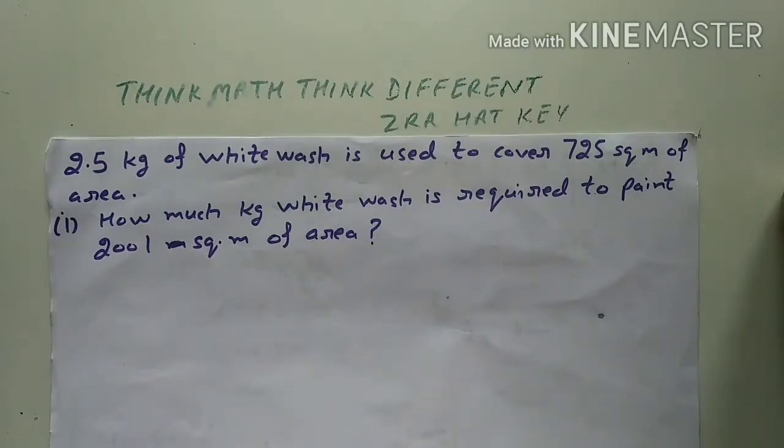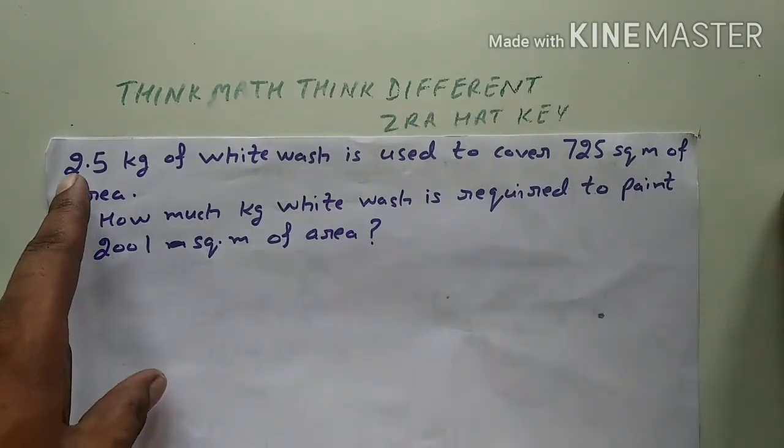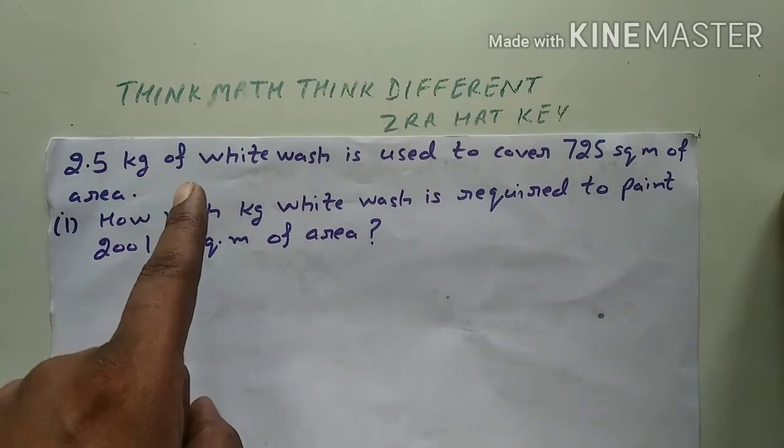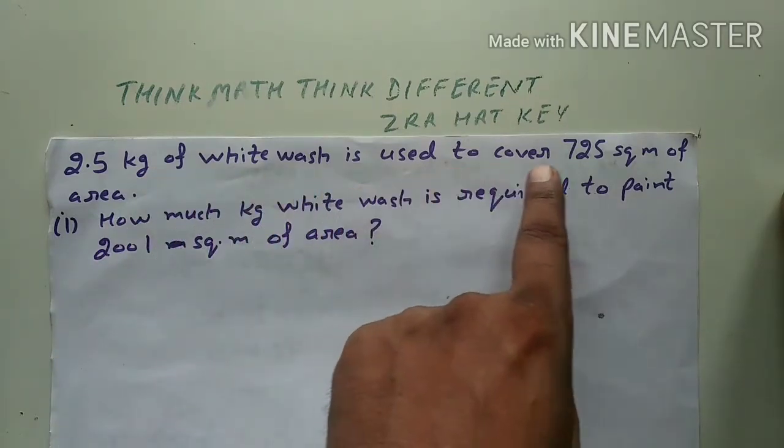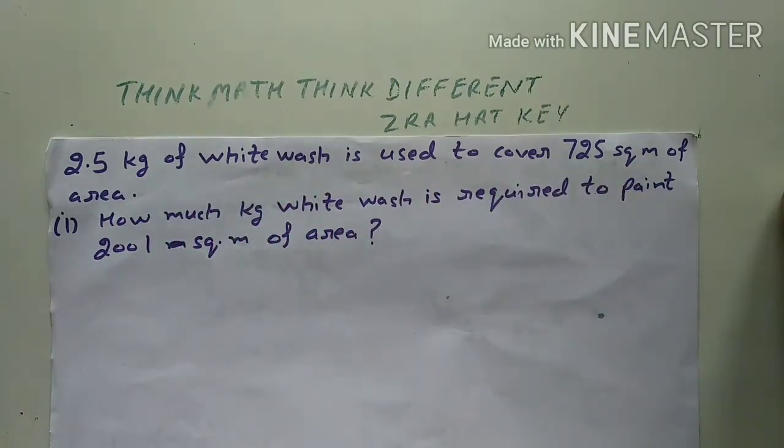Dear student, here in this question 2.5 kilogram of whitewash is used to cover 725 square meter of an area. Okay, this is the given situation and the first part of our question is how many kilograms of whitewash are required to paint 2001 square meter of area.